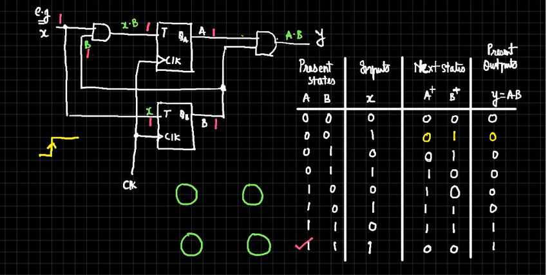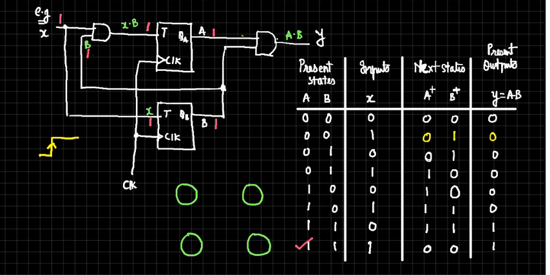It will check the present input to these flip flops, which are 1 1. What happens when the toggle flip flop has 1 at the input and the clock arrives? It will simply complement. That means the next state would be a complement of the previous state.